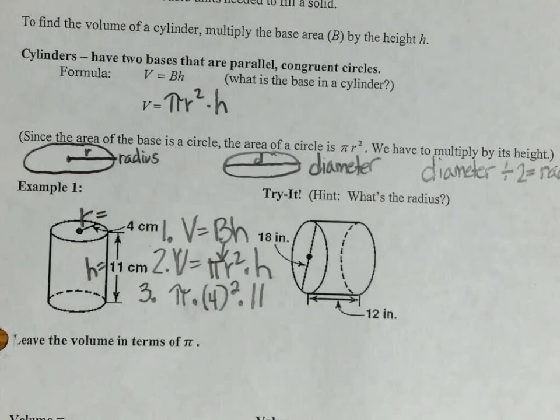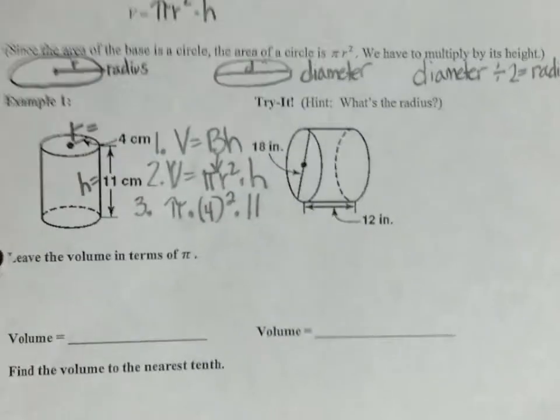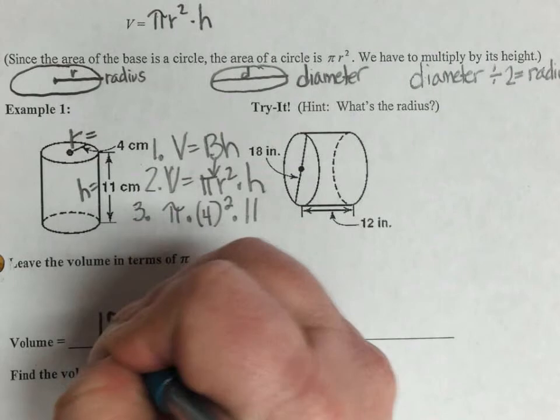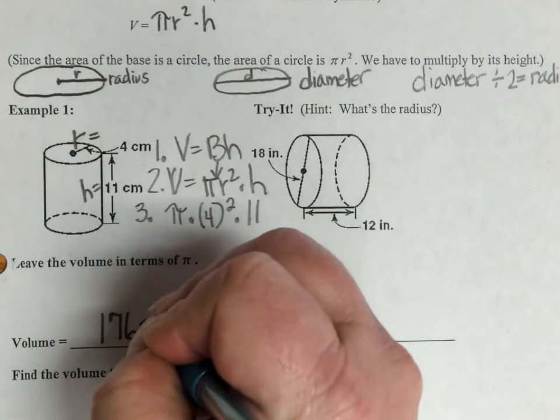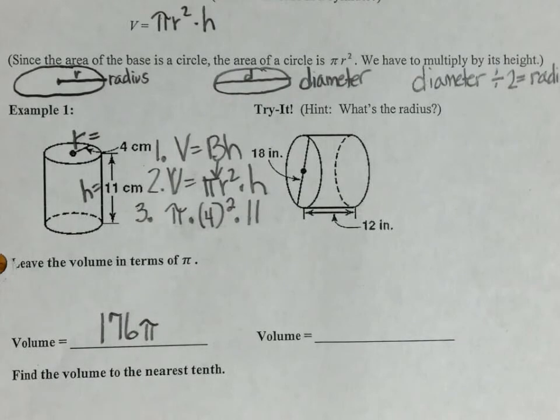Braylon, what is 4 squared times 11? 176, and then the pi symbol would be sitting right next to it. That is the volume of that cylinder in terms of pi. So they haven't multiplied it times pi yet.